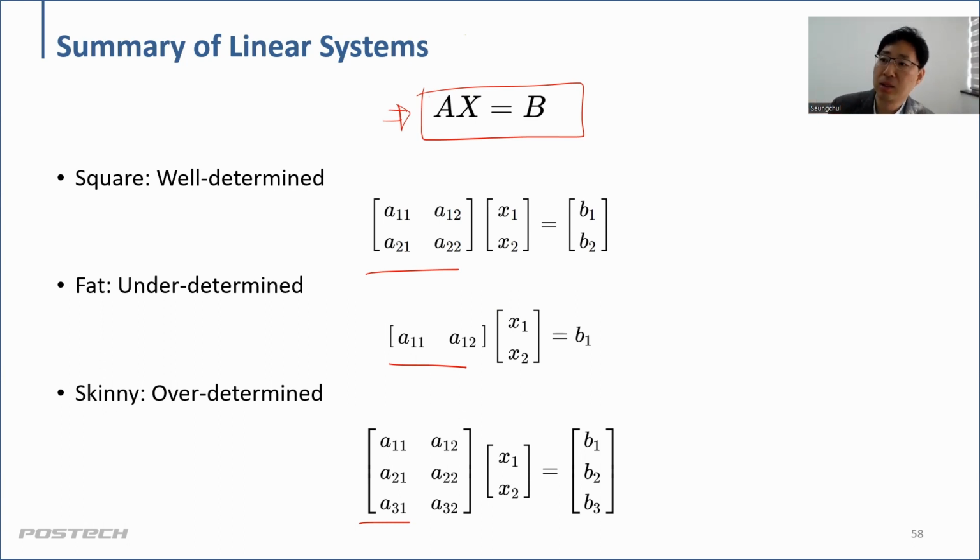Later on, when you do machine learning, suppose there are some given data points and you build up the linear systems. In that case, what do you think the shape of A will be? Square, fat, or skinny? Probably square, I think. Probably square, okay.